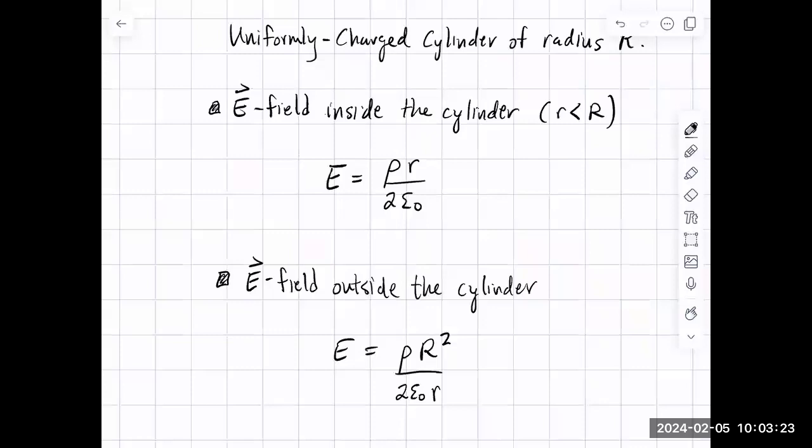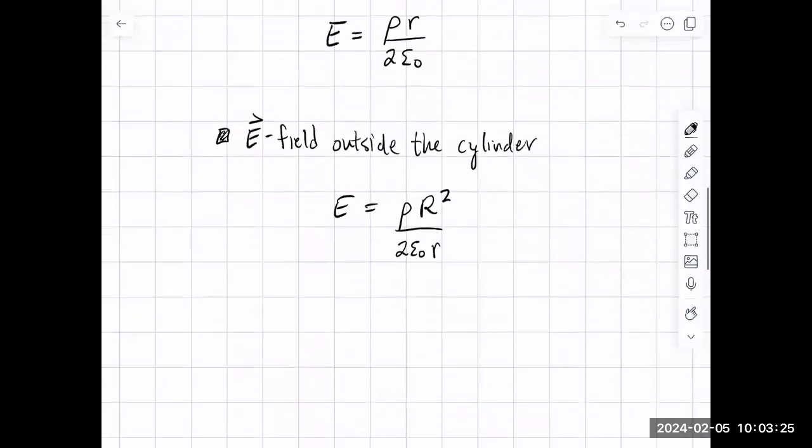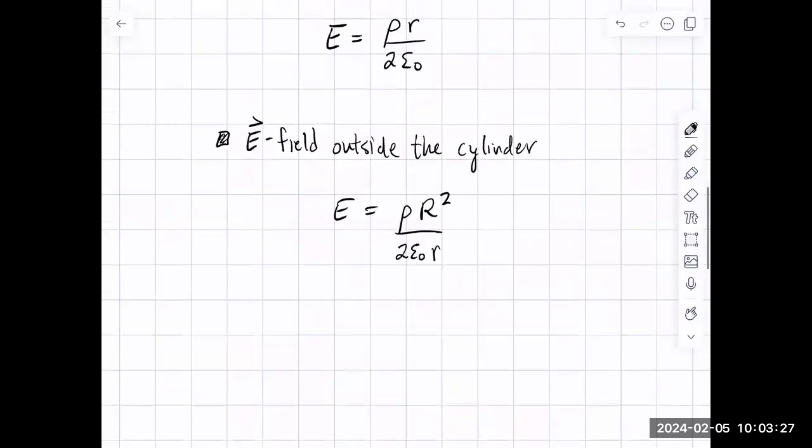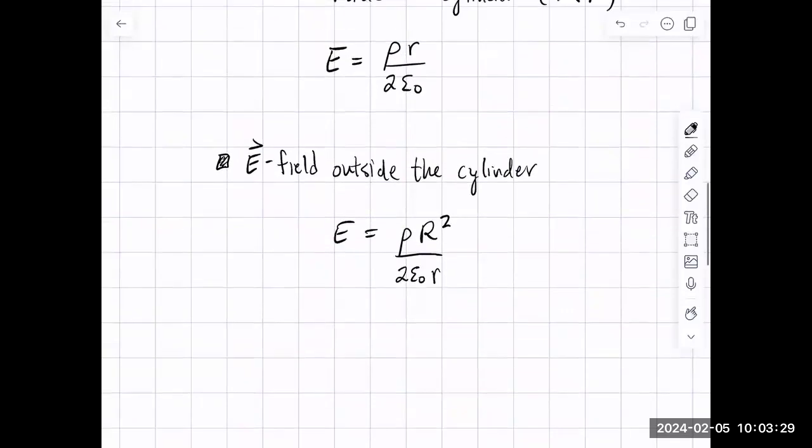So what I want to do is finish off this example by plotting what this electric field looks like. So for points inside our charged cylinder, the electric field was proportional to r. So it increases linearly as we move away from the cylindrical axis. And for points outside, E is proportional to 1 over r.